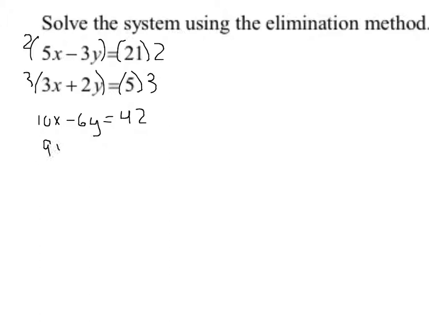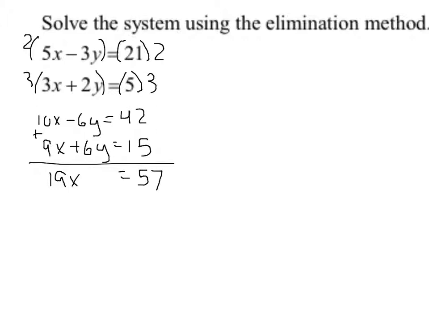I get 9x plus 6y equals 15. Add those together. You get 19x equals 57. And then 57 divided by 19, 3. So you get x equals 3.